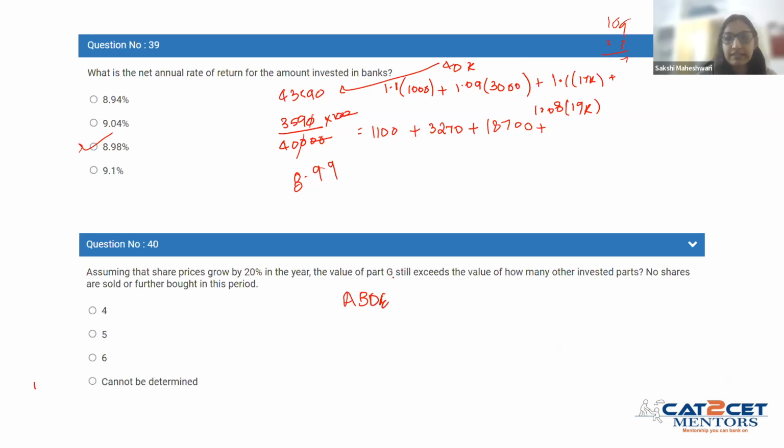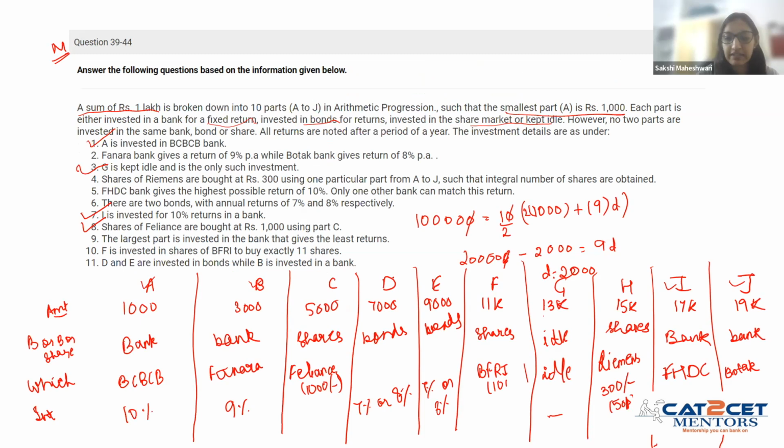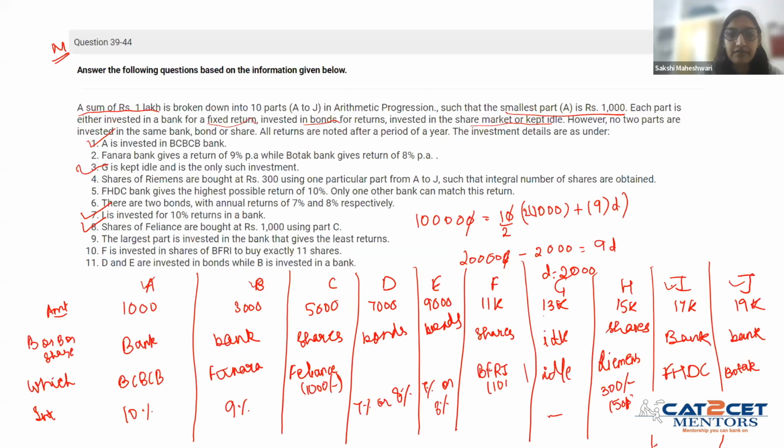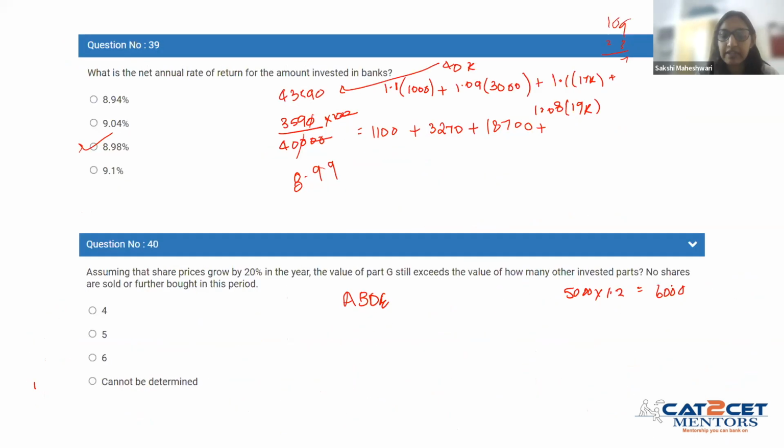Now let's just check the shares. So for 5,000, now share prices are grown by 20%. So this into 1.2. So this will become 6,000, right? And for this 11K into 1.2, I think this will be 13,200.